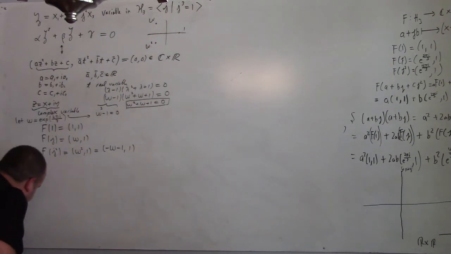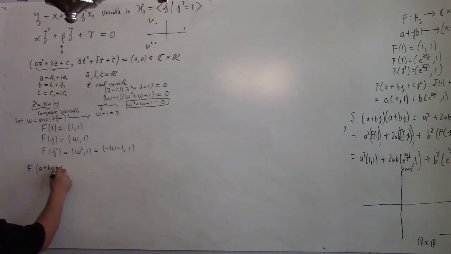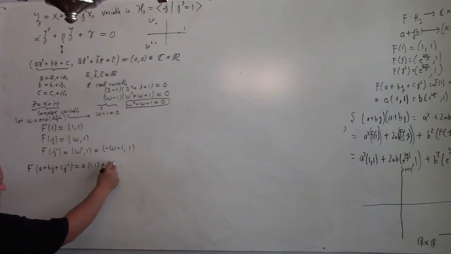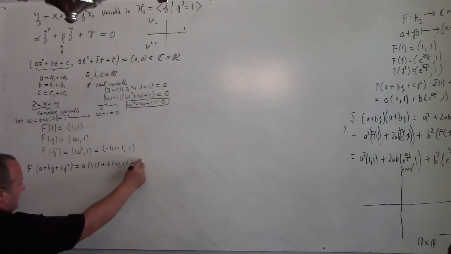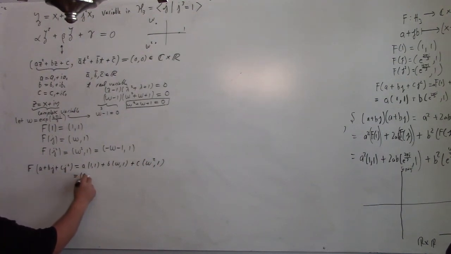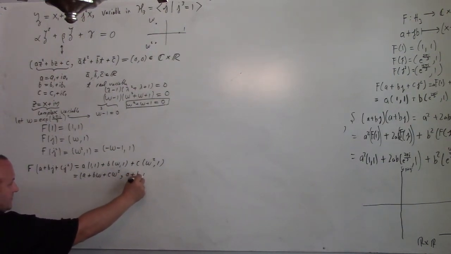Now the formula. What do we want? We want f of a plus bj plus cj squared. I'll write it out: a times 1, 1, plus b times omega, 1, plus c times omega squared, 1, which is a plus b omega plus c omega squared, and then a plus b plus c.